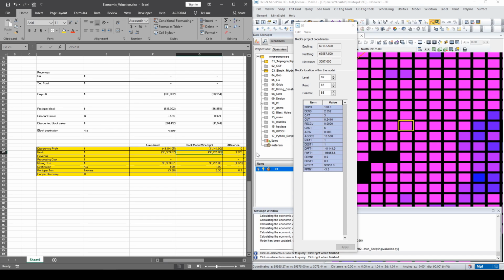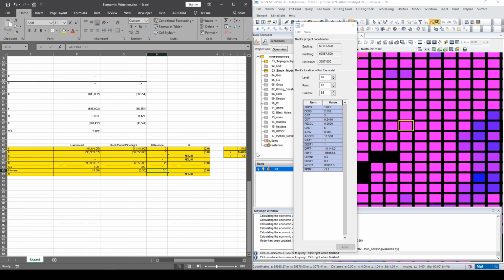Okay, then the profit is 96,953. The processing cost is the same, but this one is positive. The destination is 1. Profit per ton 3.3 minus 3.3, and we are good.